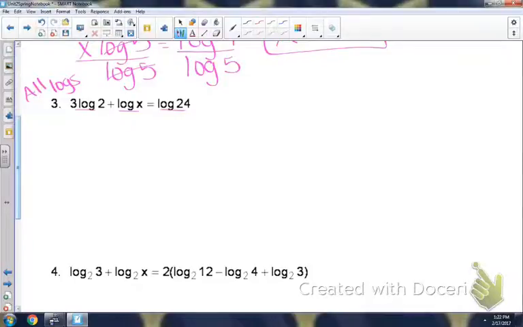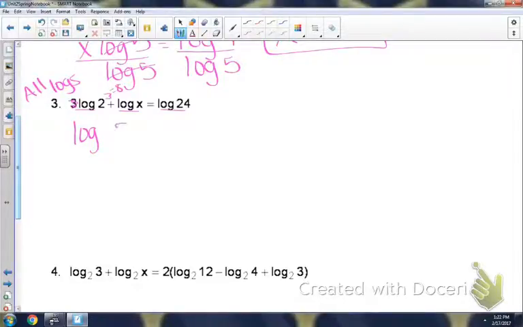So my first step of condensing on the left side is to move that coefficient and make it an exponent. Then notice we're adding the 2 logs, which means to condense we multiply. So 2 cubed equals 8.